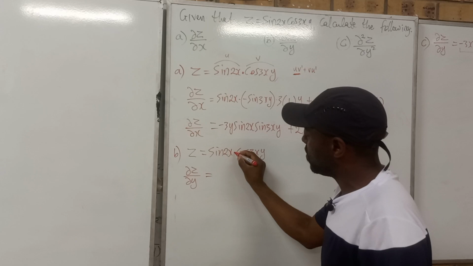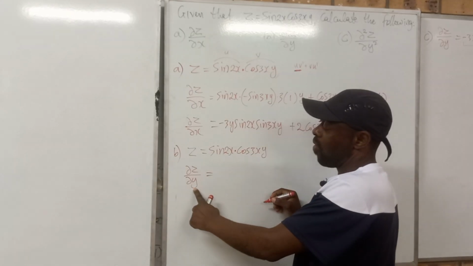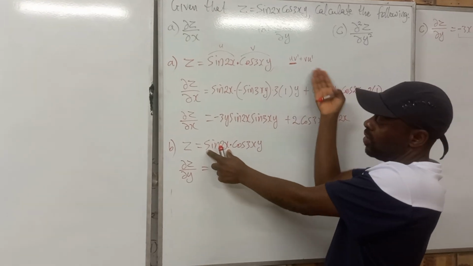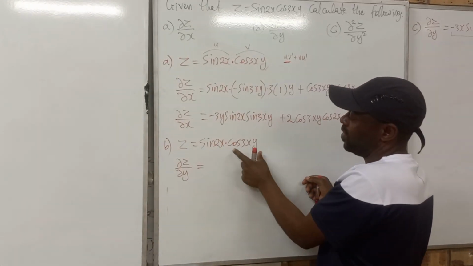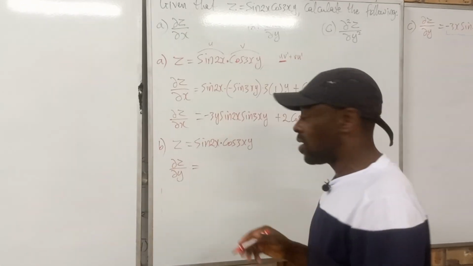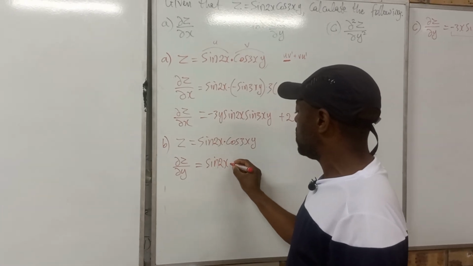You can see the function looks like a product, but in terms of the active variable y, this is not a product, so we cannot apply the product rule there, because your y does not appear in the first function and in the second. So sine 2x is a simple constant. So I'm writing my sine 2x exactly the way it is.